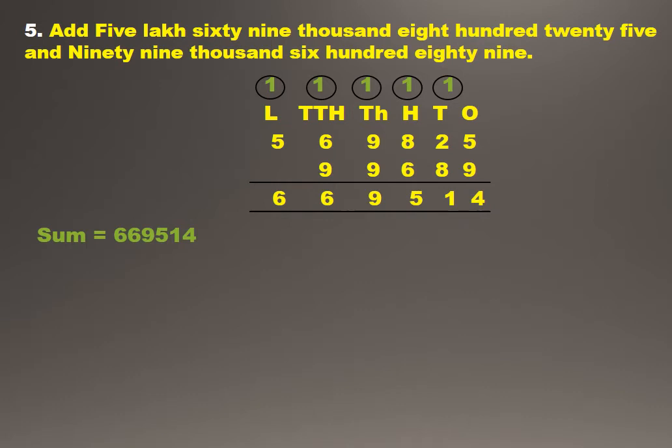Place 9 on thousands and 1 carry on 10,000 place. 1 plus 6, 7. 7 plus 9, 16. Put 6 on 10,000 place and carry forward 1 on lakhs place. By adding 1 plus 5 on lakhs place, you will get 6. So what is the sum? 6,69,514. Hope everything is clear.